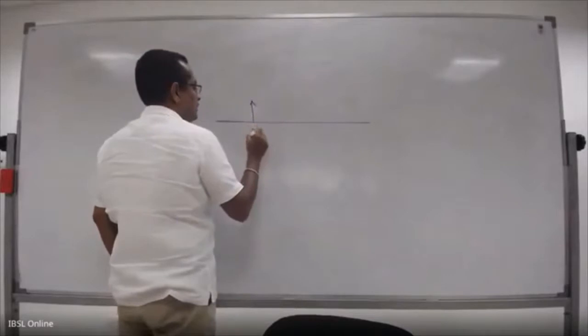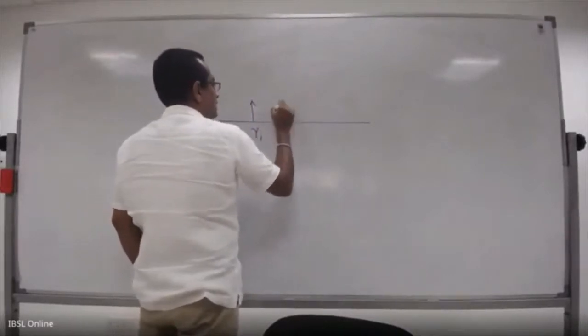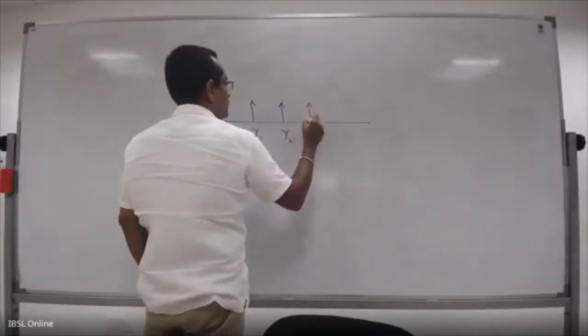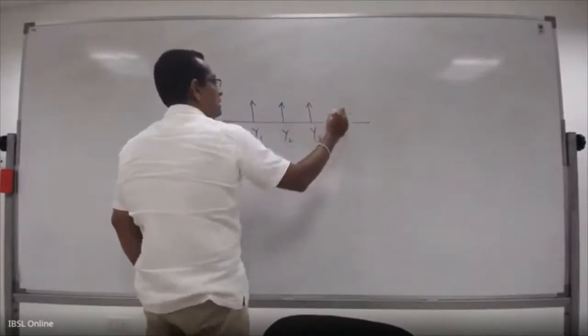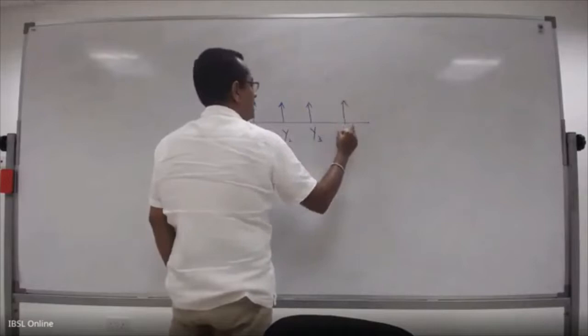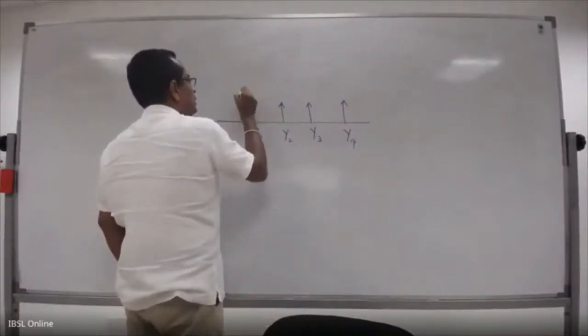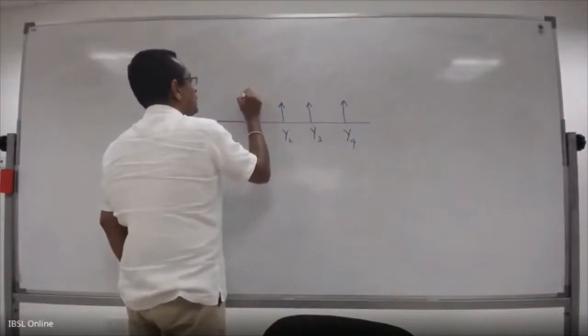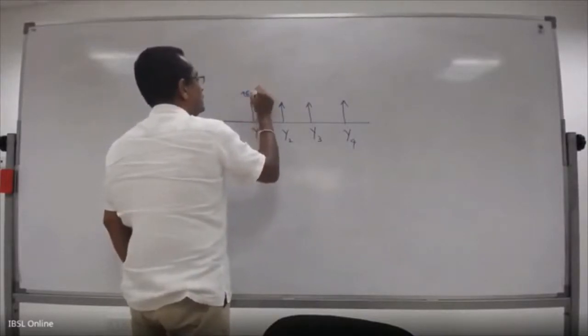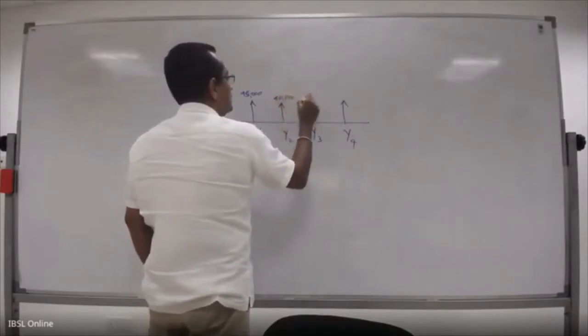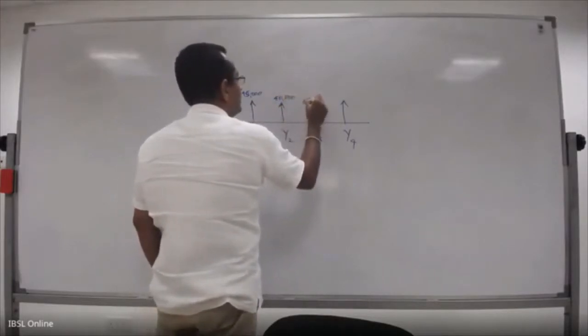Y1, Y2, Y3, Y4. So this is 40,000, 45, 40, 35, and 50.